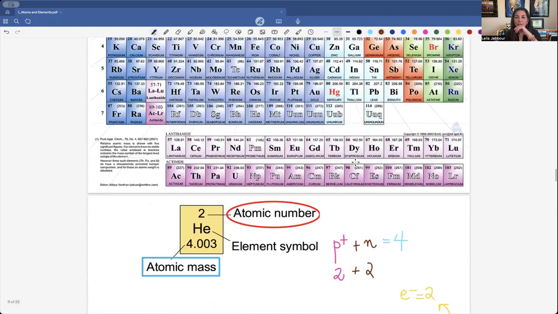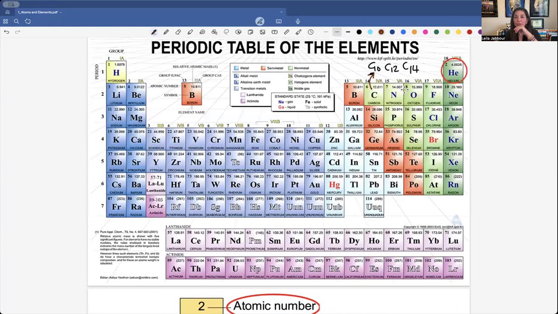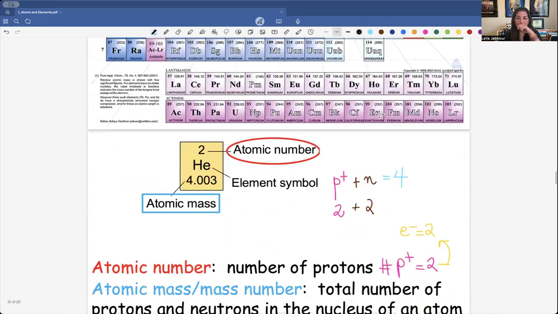So I'm going to use the example of oxygen. And you see here, atomic number is 8. You see that? 8. And atomic mass is 15.999. I'm going to say 16, okay? So for oxygen, it's 8 and 16. So let's do that.